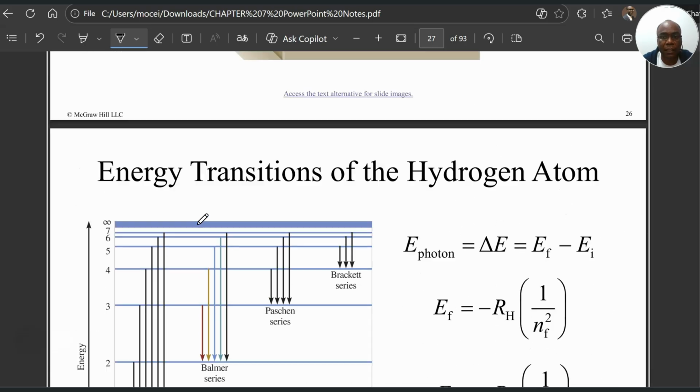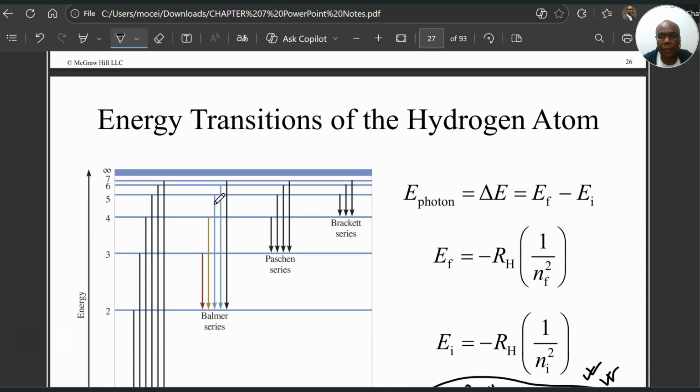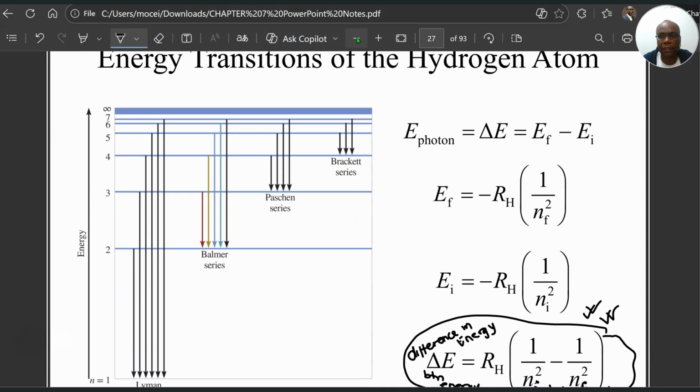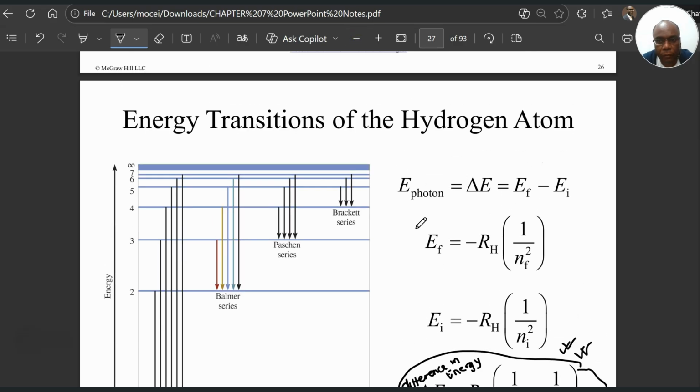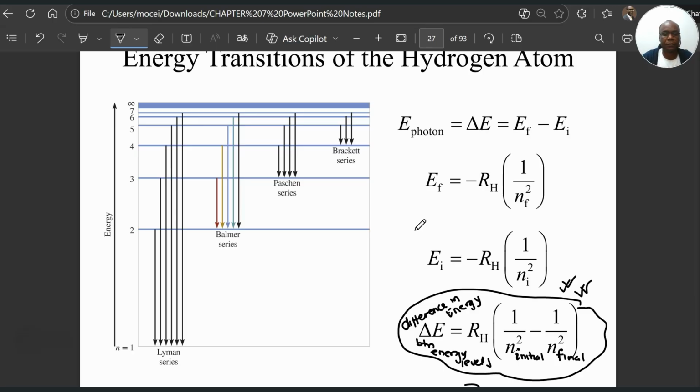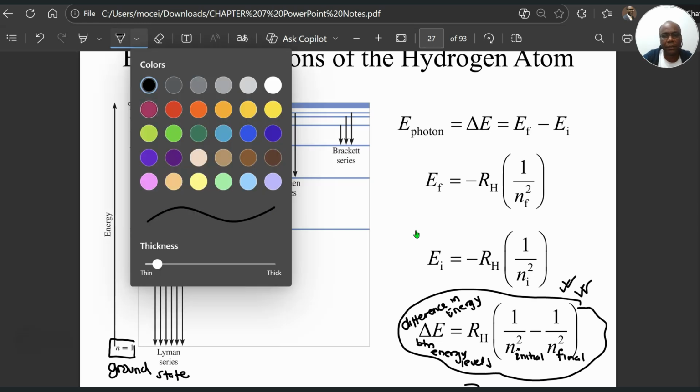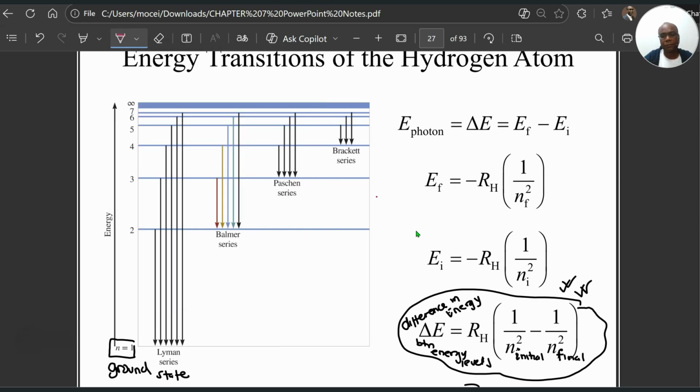Now let's look at a series of energy transitions in the hydrogen atom. If you have an electron on n equals 1, that is what we usually call the ground state, the most stable state where an electron will want to be, closest to the nucleus. So the nucleus is somewhere here.